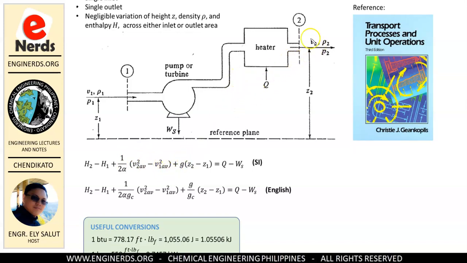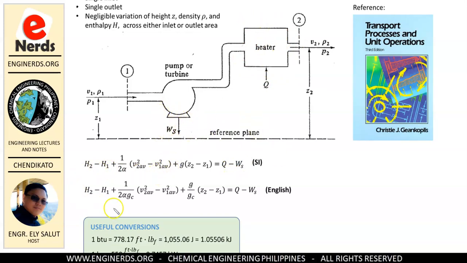So, yan ang ating average velocity dito sa point 2 and the average velocity dito sa point 1. Okay? So, as you can see, katulad ng napag-usapan natin last time, this is our kinetic energy dito sa ating system. And then, of course, we have our potential energy. So, we have the energy due to position on point 2 and the energy due to position on point 1. And this is equal to the heat transfer dito sa ating system minus our shaft work.